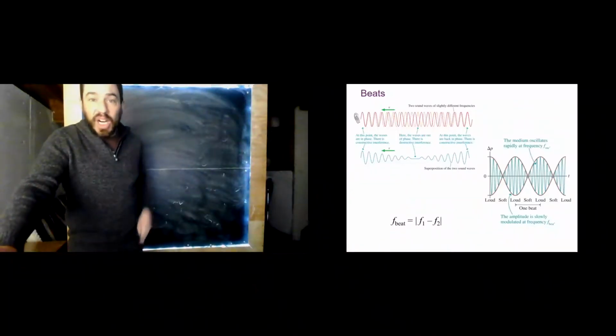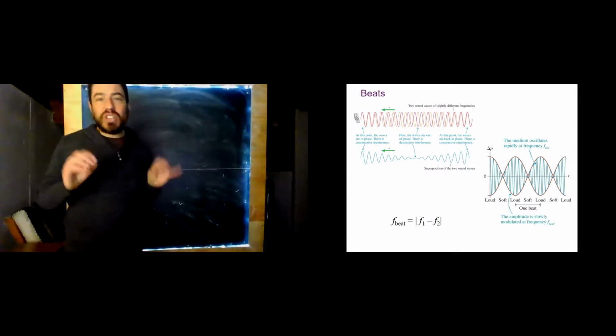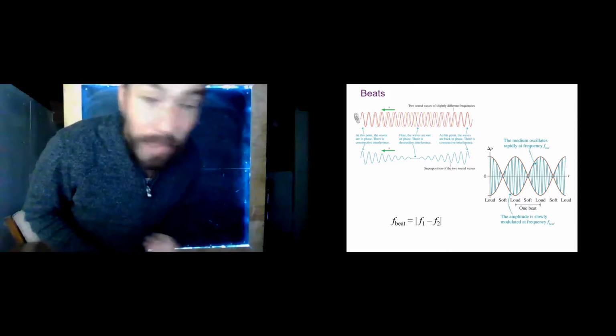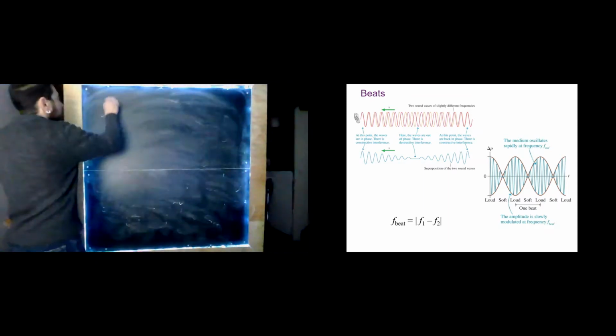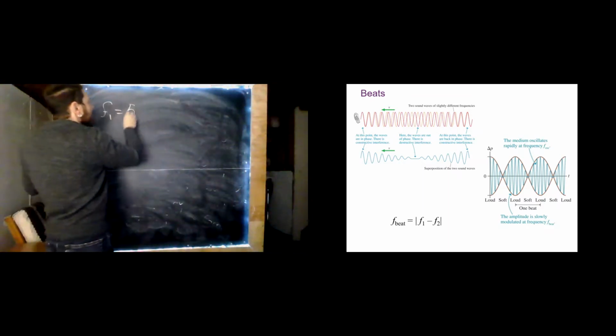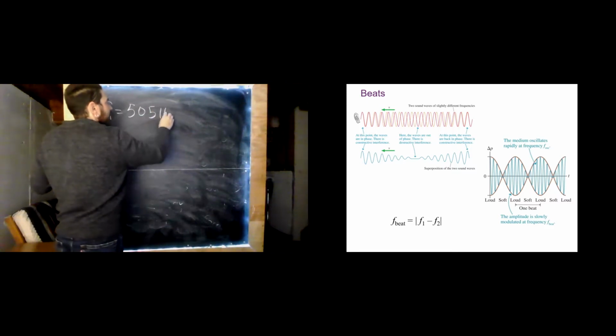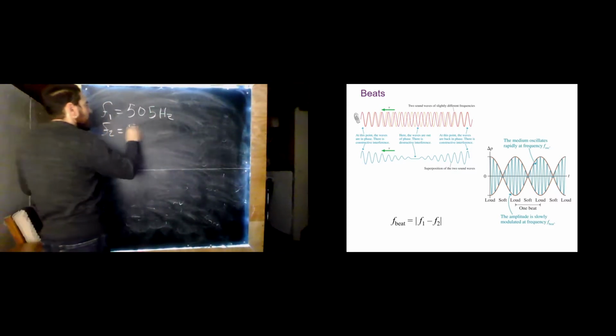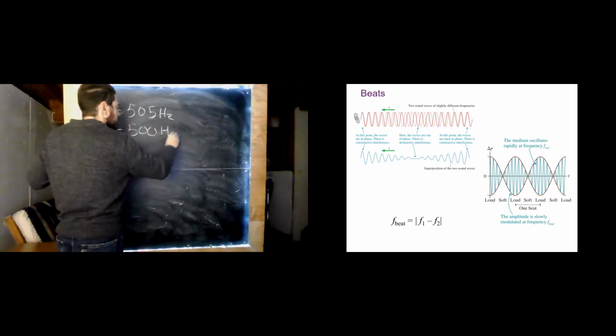The beat frequency, what we heard, that wobbling frequency, it's just the difference between the two frequencies. So in that case, my frequency 1 was 505 hertz. The frequency on the second cell phone was 500 hertz.